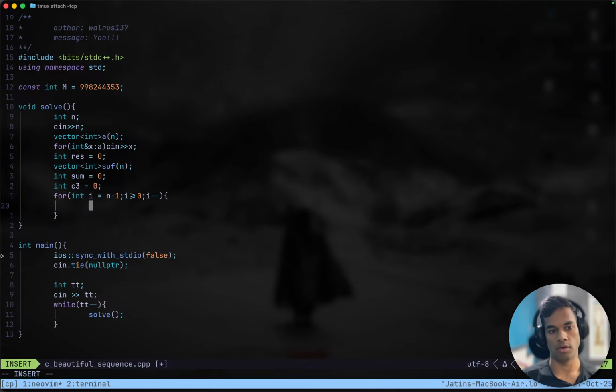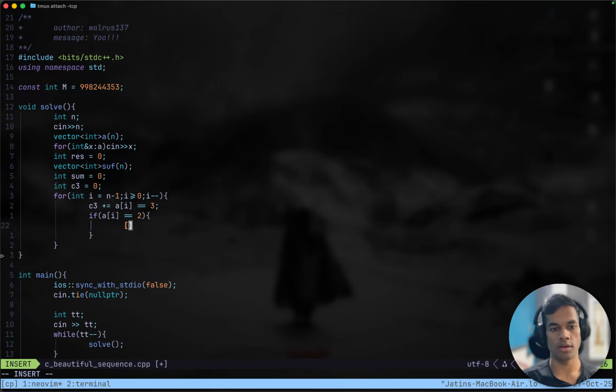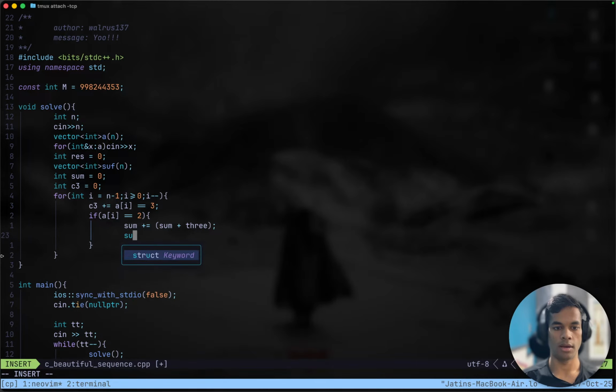I will even copy the method that you used here, plus equals a[i]. And now if the current number is equal to 2, then sum plus equals all the ways till now plus the number of 3's that we have seen till now, and sum plus equals or remainder with m.